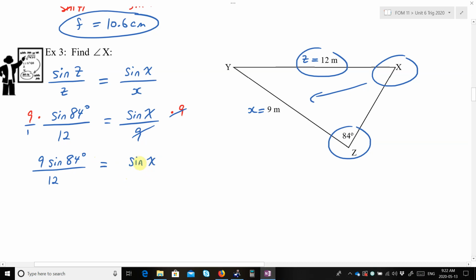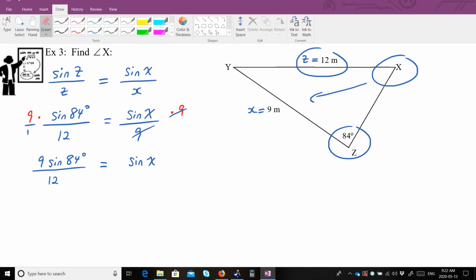Okay, and remember, when you are looking for the angle and you have the ratio here on the left, what you have to do is sine inverse. So we would have to go sine inverse of all of that junk over there. Or if you want, we could go like this.